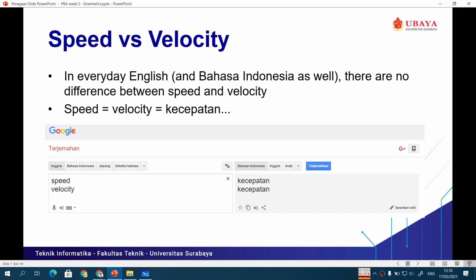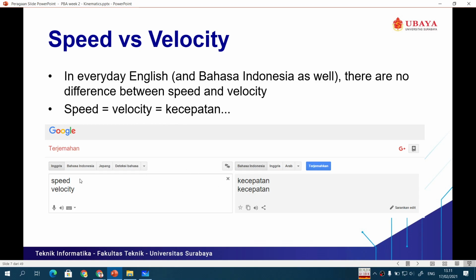Let's take a look. In everyday English and even in bahasa Indonesia, there is no direct difference between speed and velocity. Usually when we talk about how fast or how slow an object moves, we refer to it as speed. So speed and velocity are the same here.